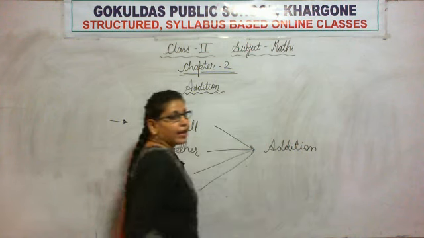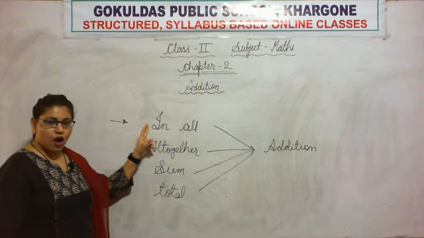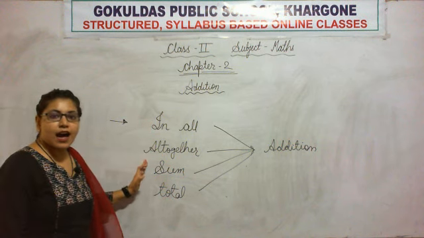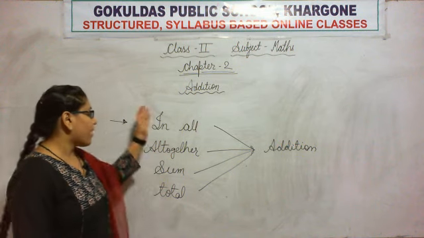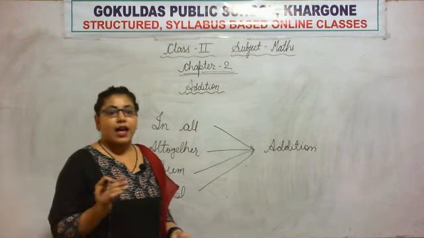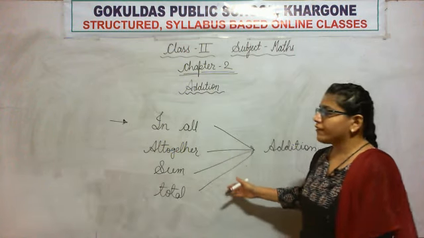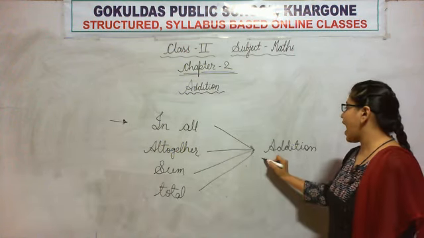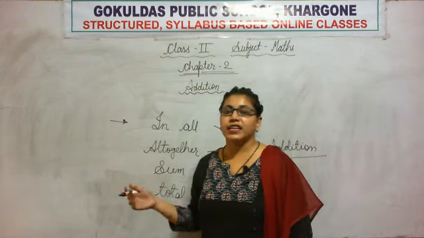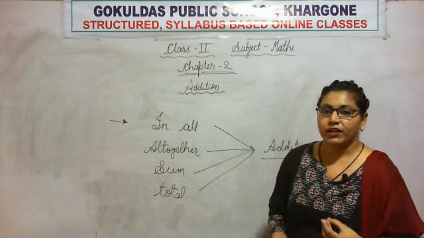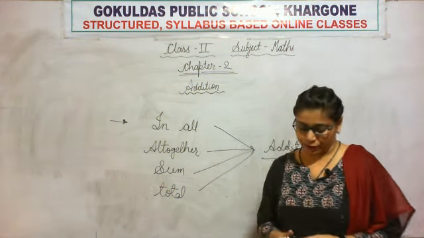If we are asked to find the sum or total, or see any of these four, we understand that we have to do addition. For later, when we revise from our notes, we can write these four also.